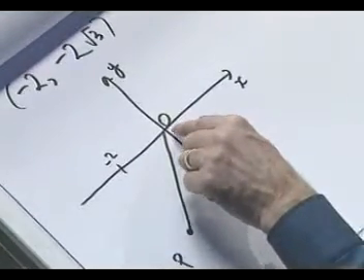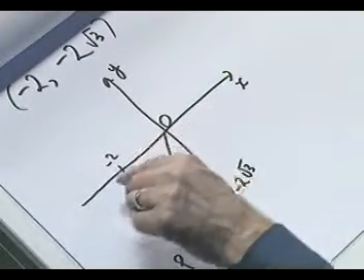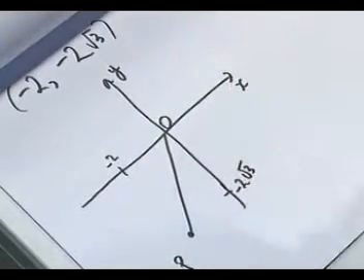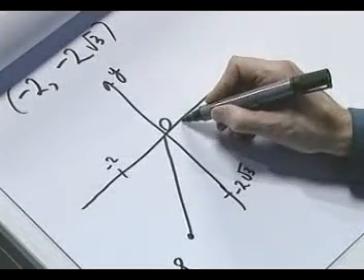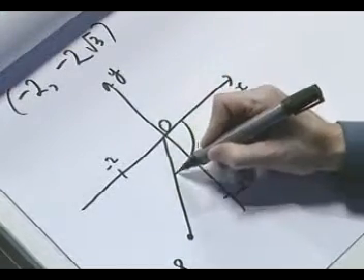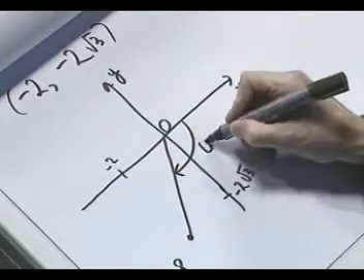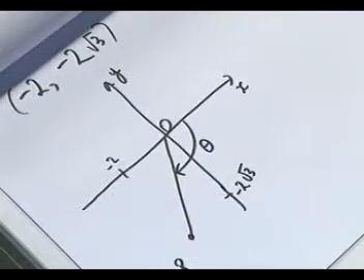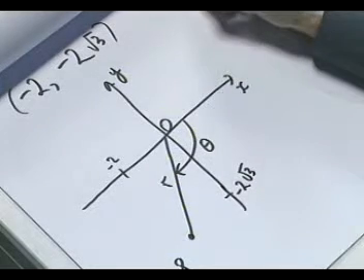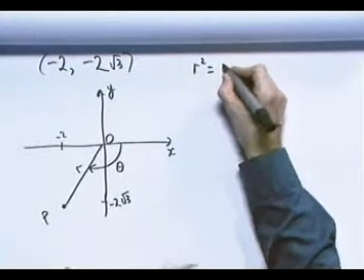Again, we'll take the origin to be the pole and the x-axis to be the initial line. And we can see that the theta we're looking for is around there. That's our theta, and here's r. So again, let's calculate r squared.